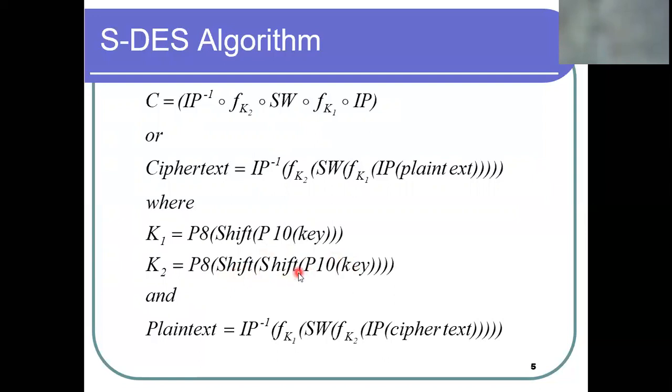It means we apply two shifts. Then again we will apply P10, which is a permutation that transforms 10 bits into 8 bits. So finally, in the reverse procedure, applying the reverse procedure on ciphertext, we will get back our plain text, which is written again in the form of composition of functions.